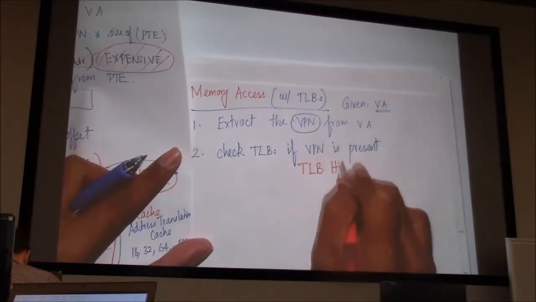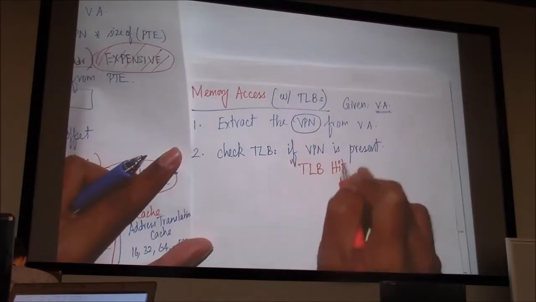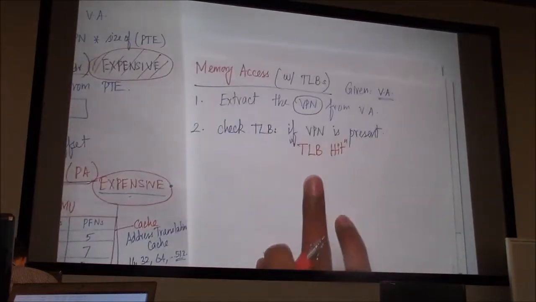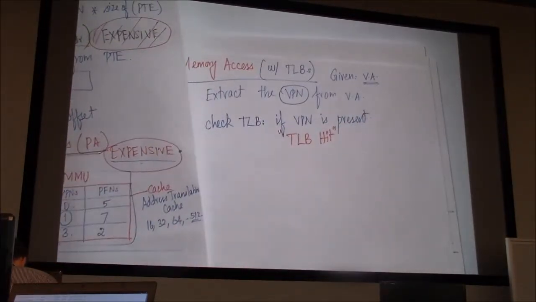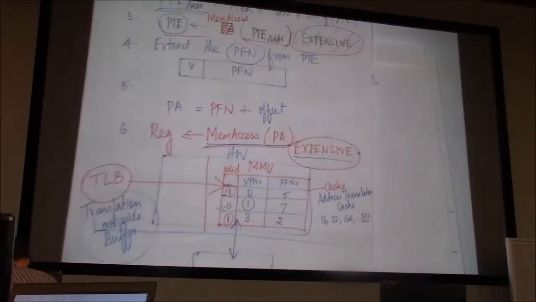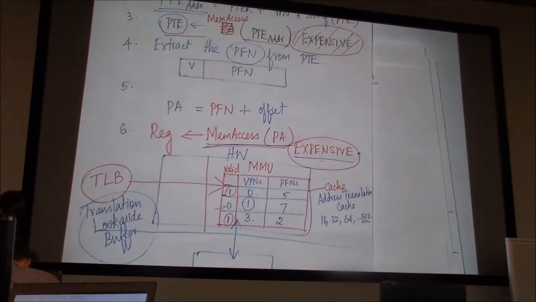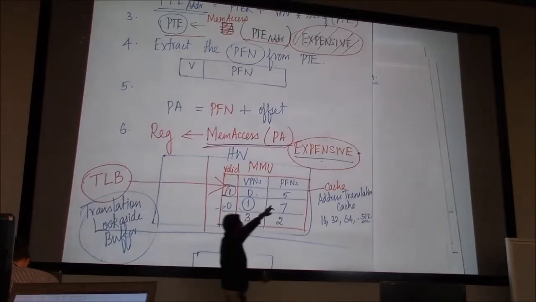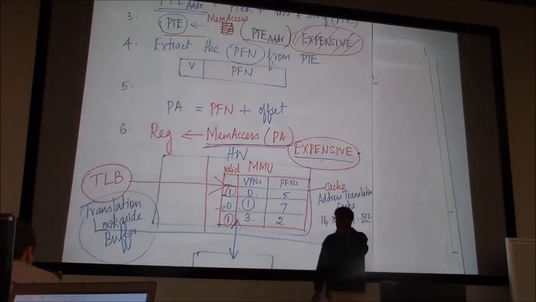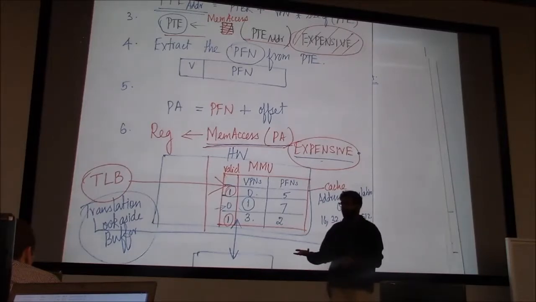We have a hit in the TLB. Whenever we have a hit, it becomes really easy because we already have the required physical frame number right here, which is such a huge gain because we need not go and access the physical memory, the page table, to get this particular translation.